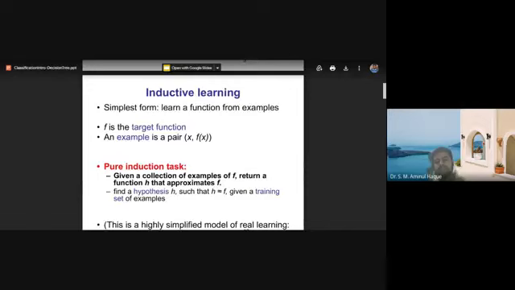That is our class label. We are basically using this function mainly for prediction. For example, we give a particular input x and try to predict f of x.